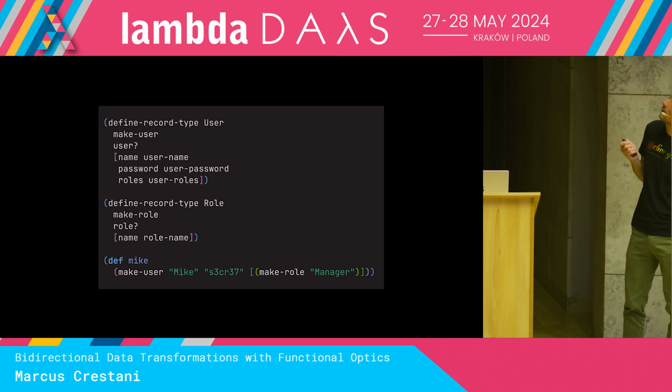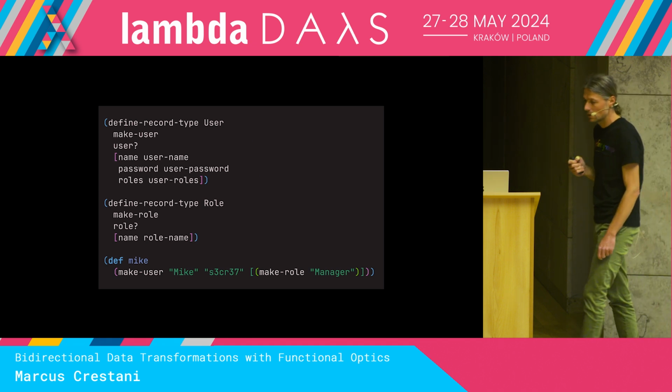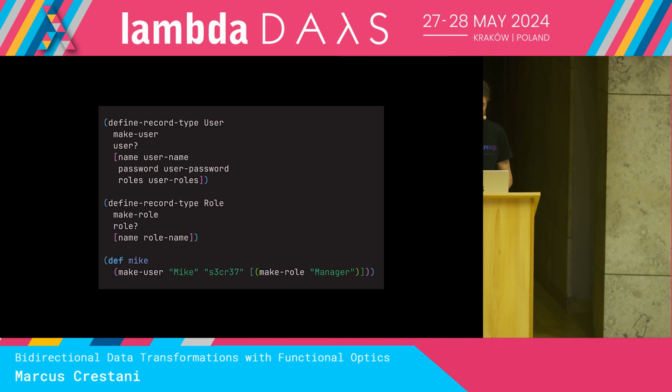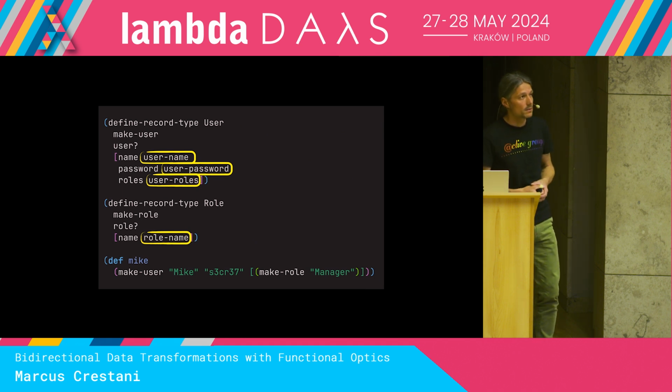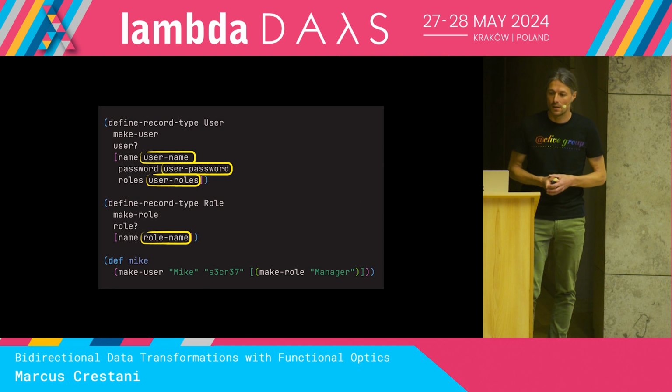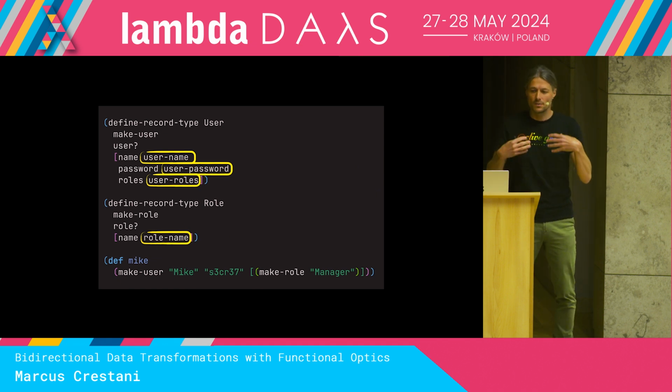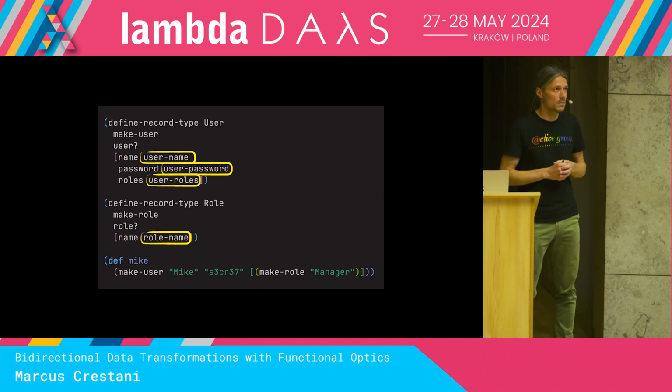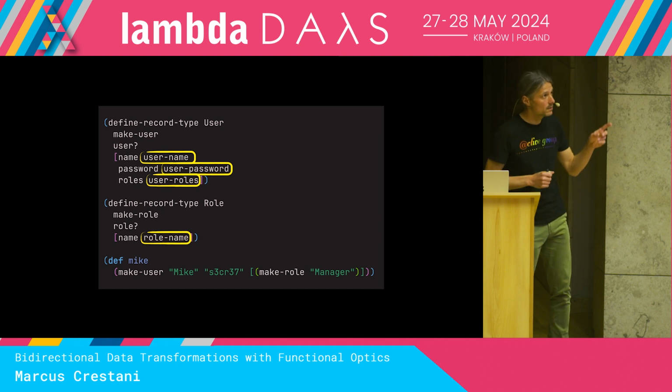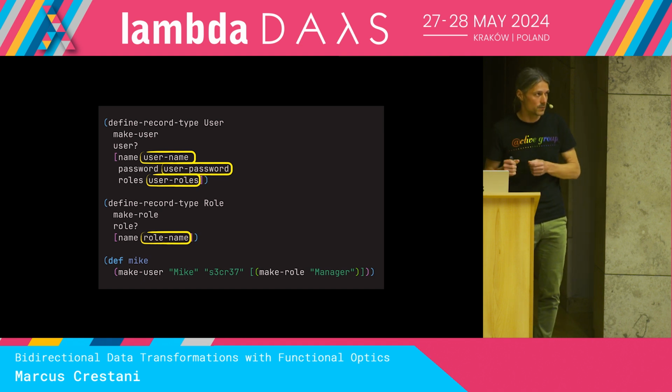We define Mike as a user with the name Mike, a secret password, and a list of roles, where one role is manager. The highlighted expressions here can be used to access the fields of the data structure. They can be used as selectors, getters, and they can even be used as setters. And they are also lenses.